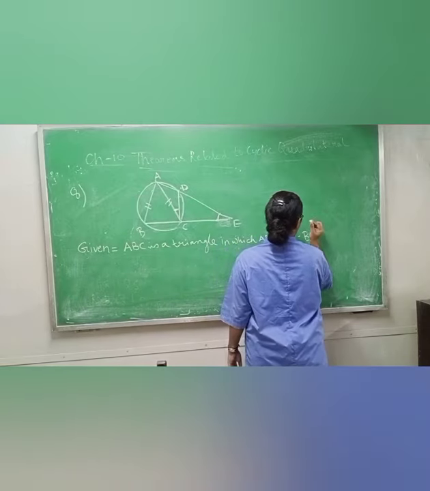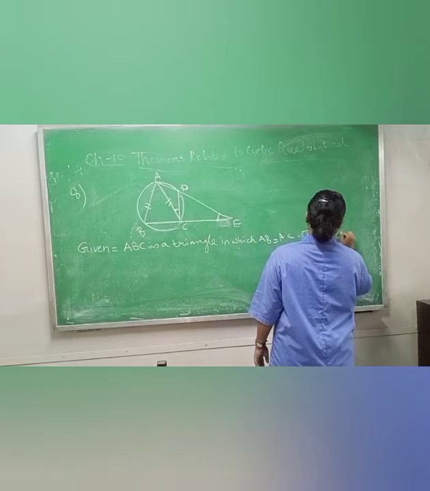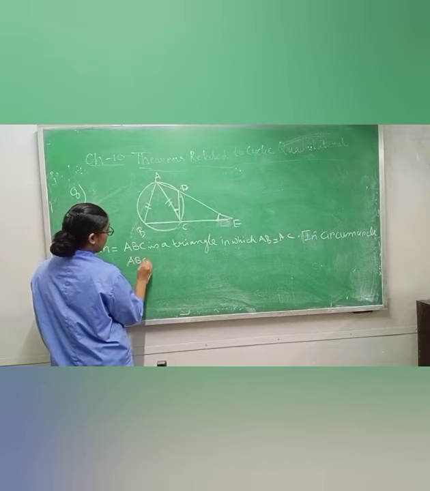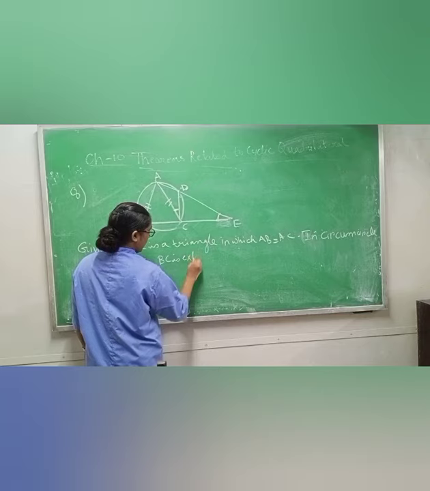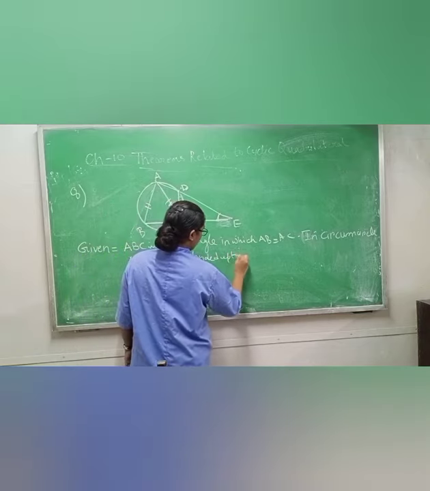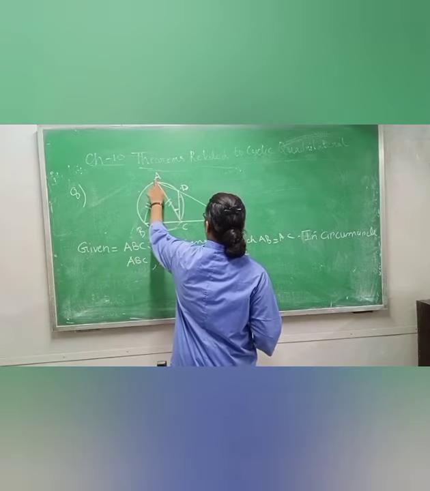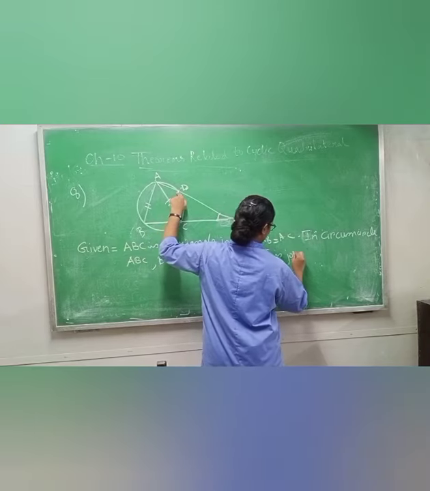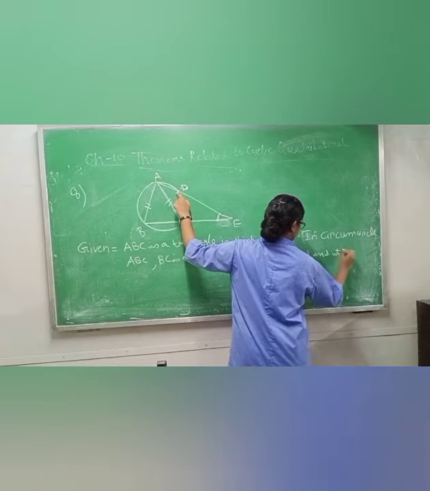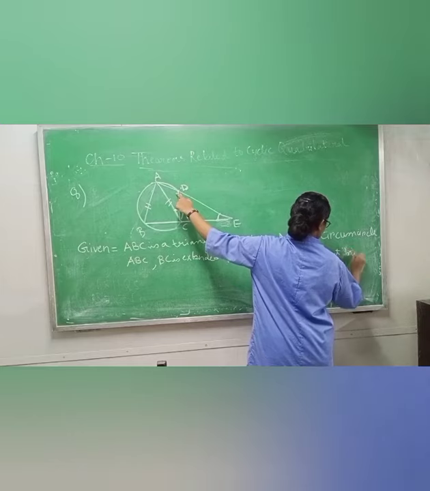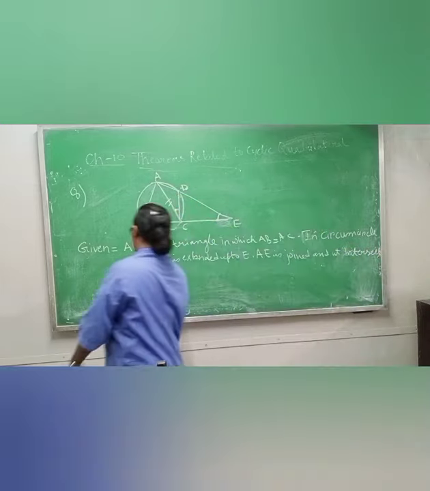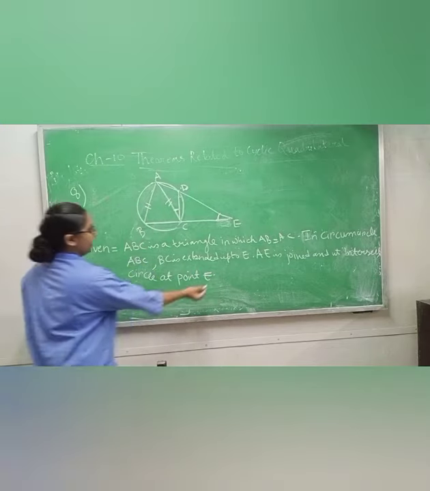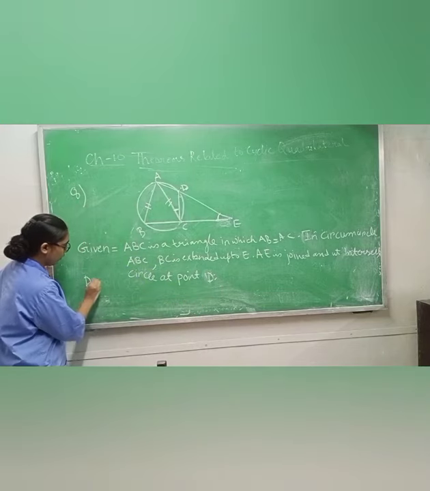So write, in circle ABC, BC is extended up to point E. Okay, at point B. Okay, given is done.